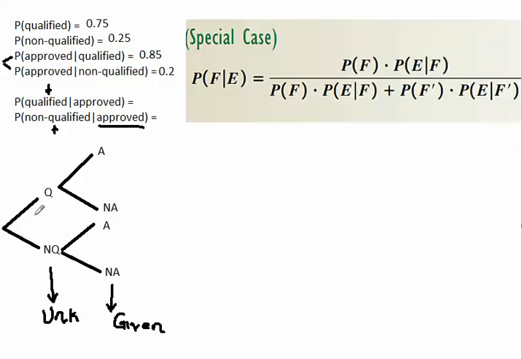Okay, on each branch of the binary tree, we have to put the probabilities. So we know that the probability for a person to be qualified is 0.75. So this is 0.75. The probability for a person to be non-qualified is the rest, 0.25.